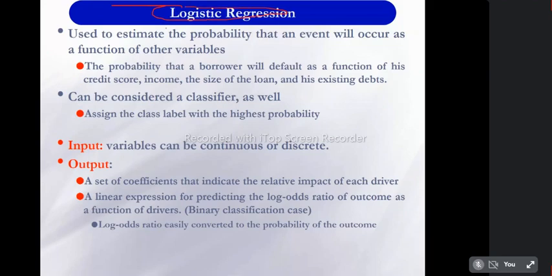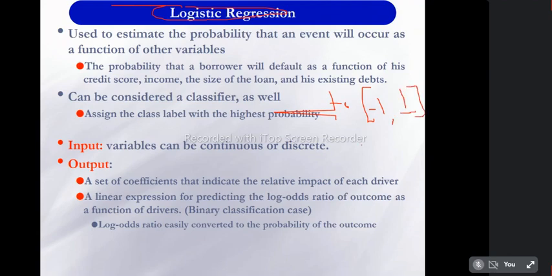And the other one is logistic regression. This is usually used for computing probability values using trigonometric functions like tanh. This tanh varies between -1 and +1.